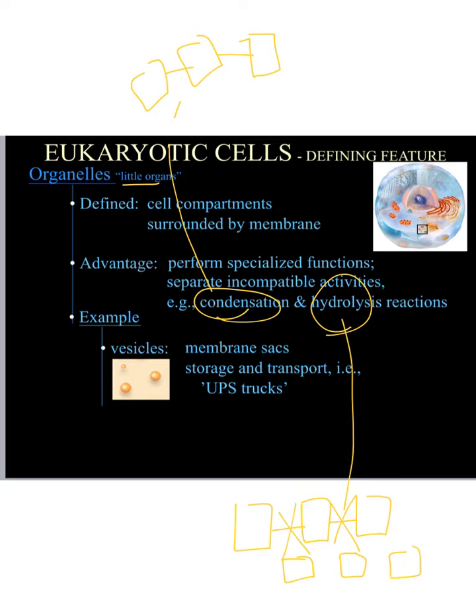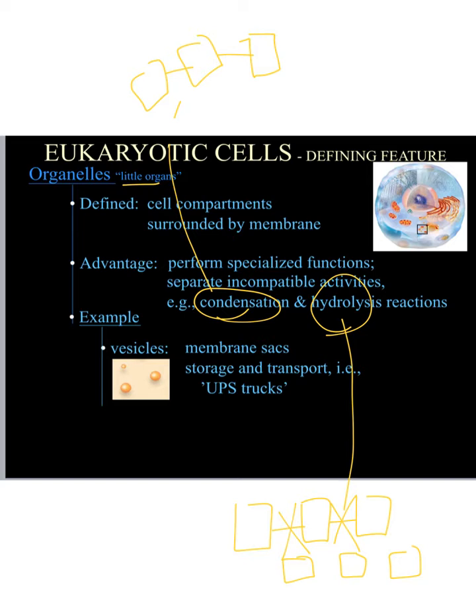We would not want those types of reactions happening in the same place in the cell, because as soon as we make something, we might accidentally break it apart. So we would want to separate those two activities. We want to have condensation reactions on one side, hydrolysis reactions happening somewhere else. And that is a benefit or an advantage to having these organelles, is we can separate incompatible activities within the cell.